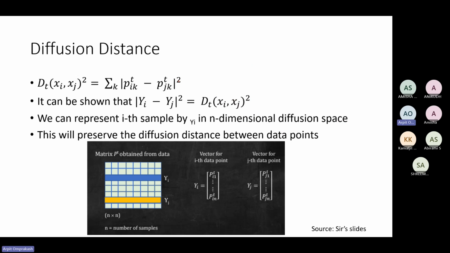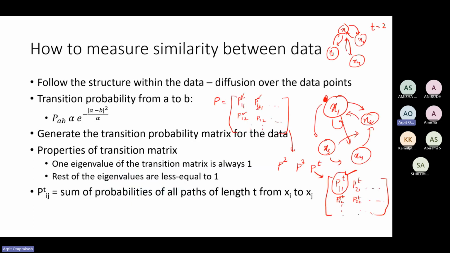Okay. And using some maths, you can show that (yi minus yj) whole squared is equal to the diffusion distance. But before we come to this, the P^t matrix will look something like this, right? So you understand, the P matrix is basically the matrix of all the transition probabilities.